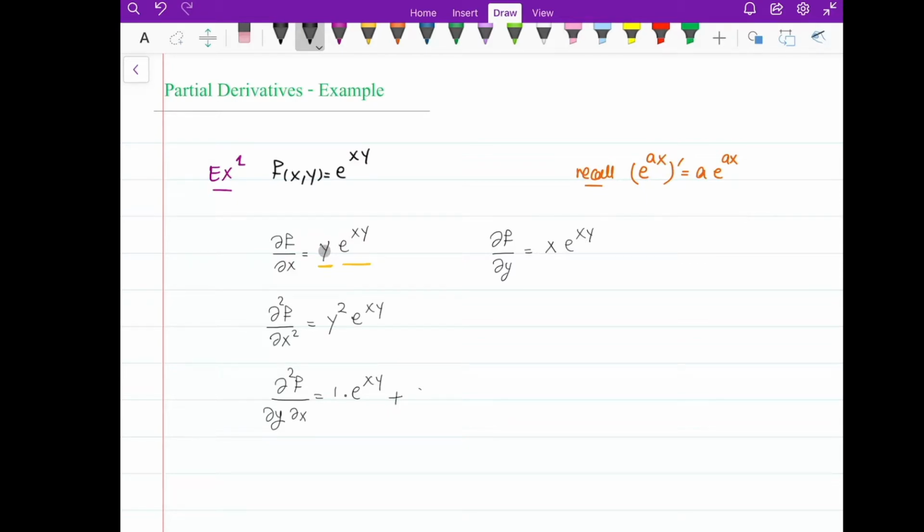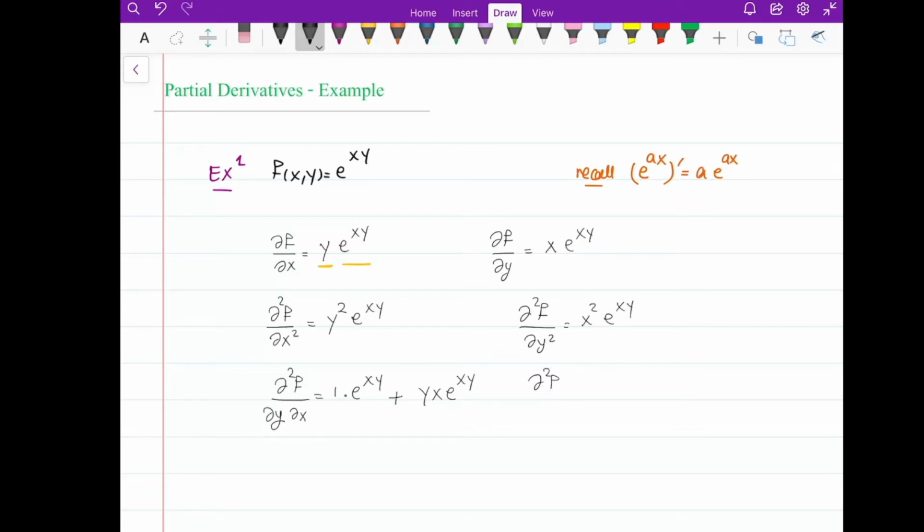I'm going to write y, and take the derivative of that with respect to y. x is a constant, and I get this. Let me do this one: I take the derivative with respect to y, x is a constant, so I get x squared e to the xy.